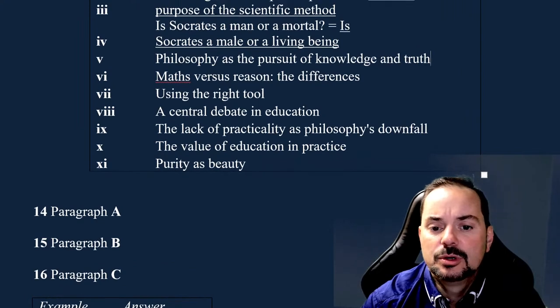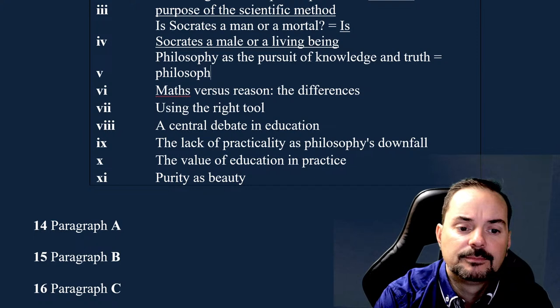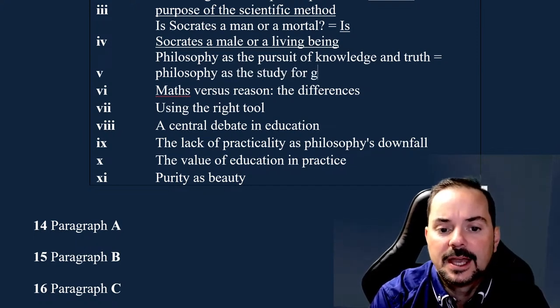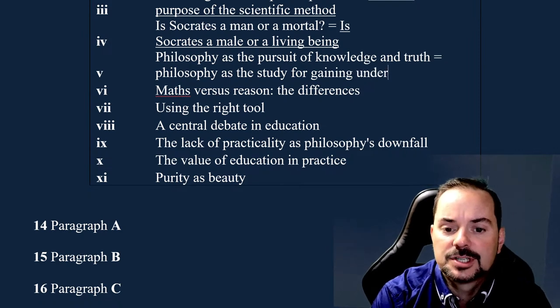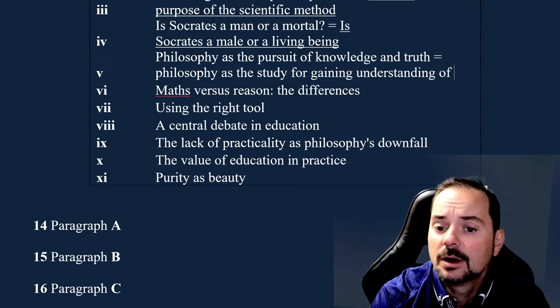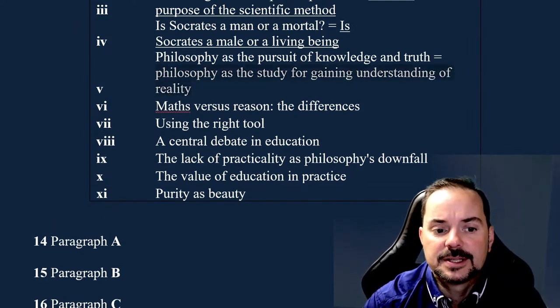Philosophy as the pursuit of knowledge and truth. So philosophy as the study for gaining understanding of reality, right? So that would be my paraphrase there.